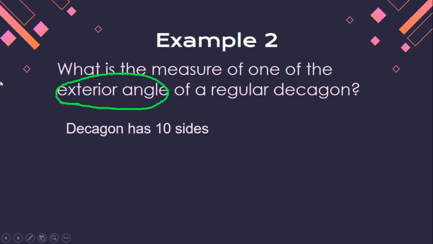Eh, sabi natin, lahat ng polygon, ang sum ng exterior angle, sabihin natin EA muna, EA, ay 360 degrees.